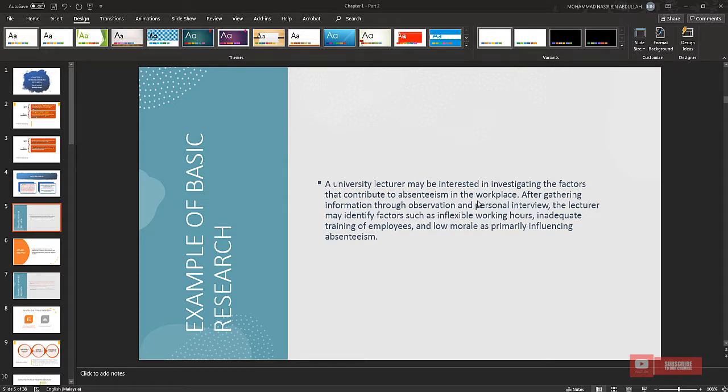After gathering more information through observation and personal interviews, the lecturer may identify factors such as inflexible working hours, inadequate training of employees, and low morale as primary influences of absenteeism. So this is one example of basic research.